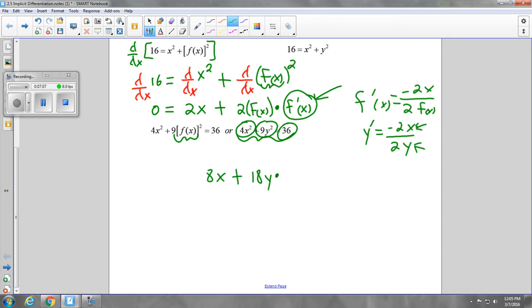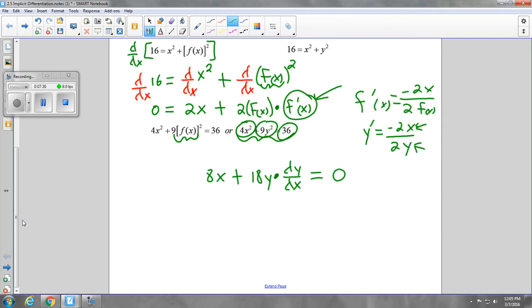And then I just need to tack on, or multiply by, dy/dx. It's going to be like that every time. You just pretty much take the derivative like normal and then tack on dy/dx to the y term. And this was all equal to 0, because the derivative of 36 is 0.